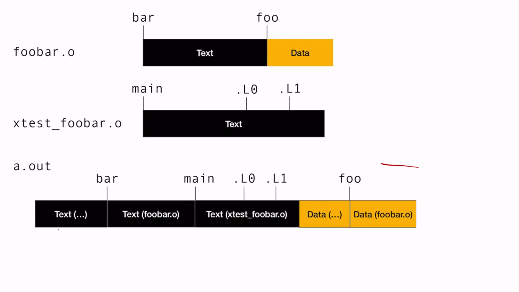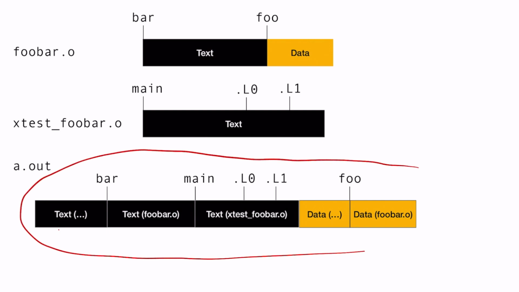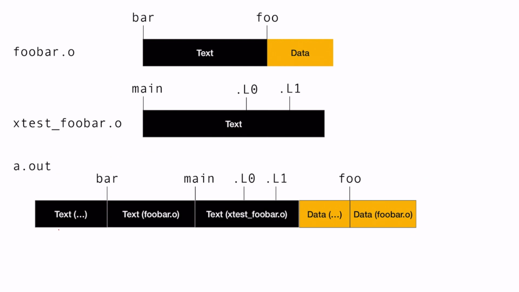The linker generates the executable, and the executable also consists of a text segment and a data segment. Now the interesting thing is that this text segment consists of the text segments that the linker found in all the object files and the libraries. So you see, for example, this part of the text segment in the executable comes from here.